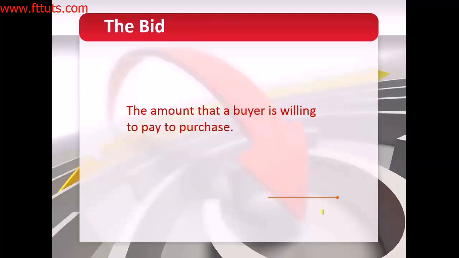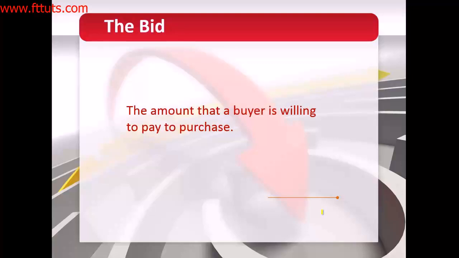All right, so back again to the very first element that I said we would introduce, the bid and the ask. Let's talk about the bid. What is a bid price? Well, a bid is the amount that a buyer is willing to pay to purchase something.